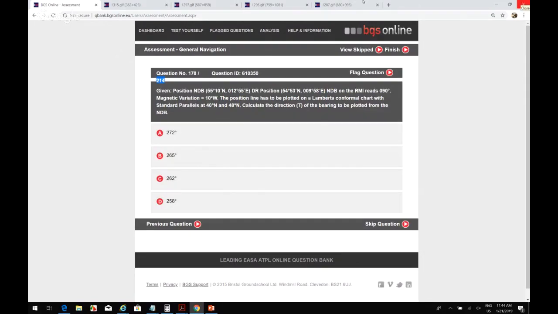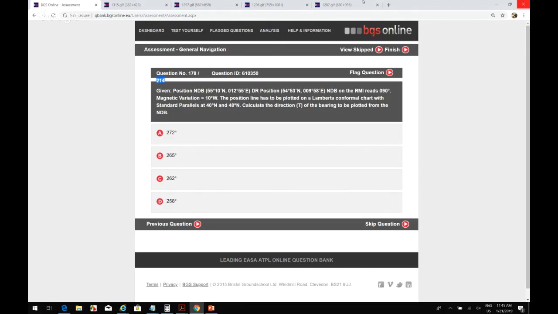Position NDB 5510, 12:55 east. And 54:53 north, 09:58 east.